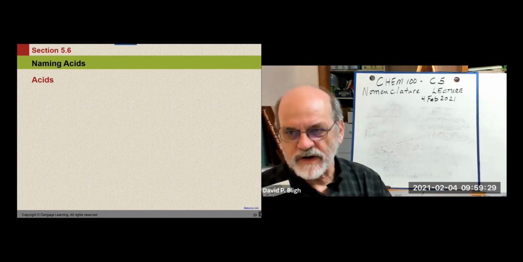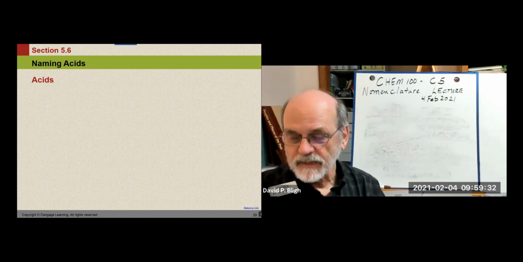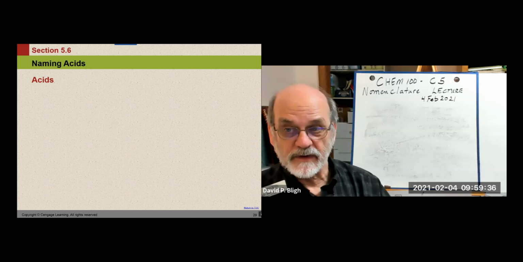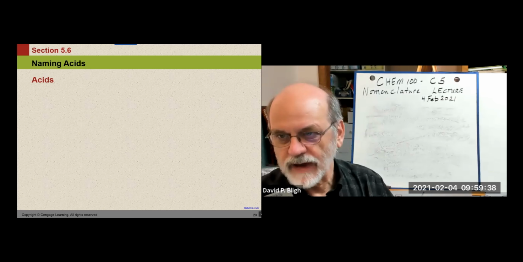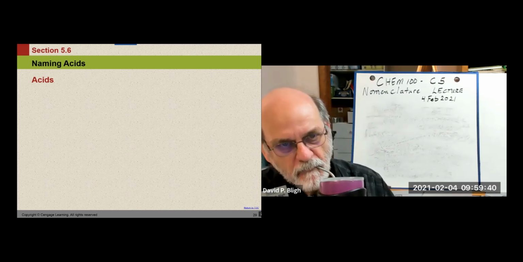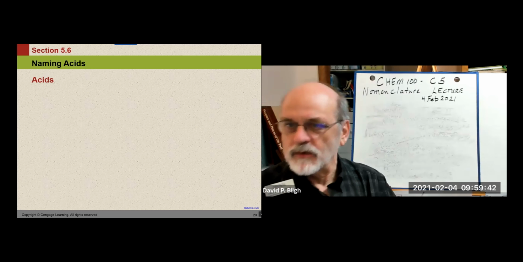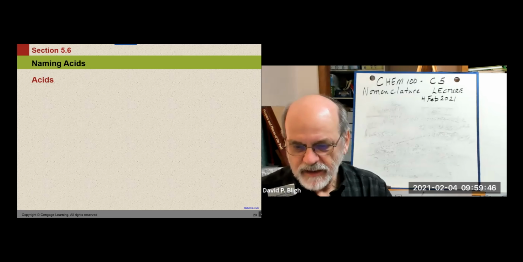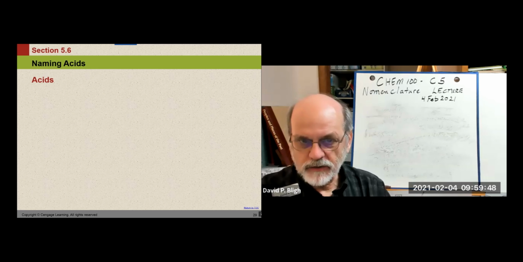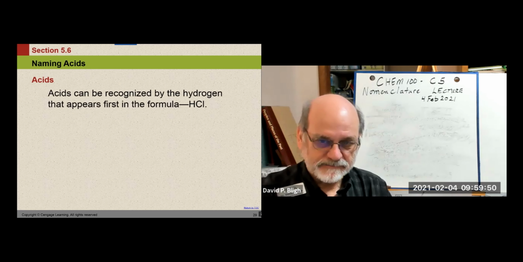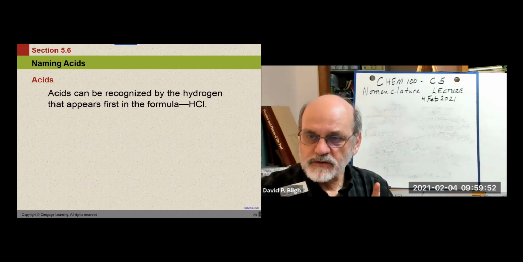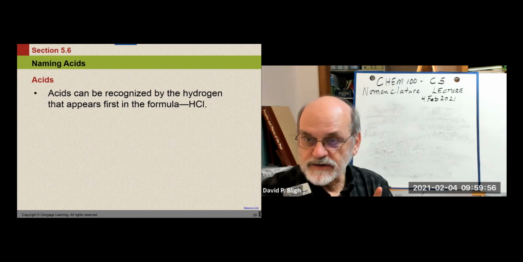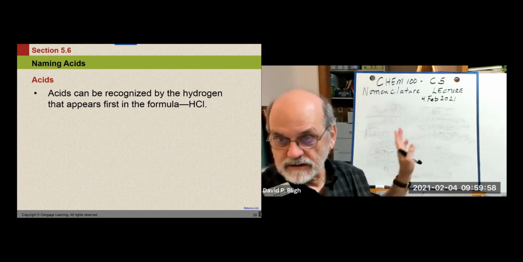I probably shouldn't have erased that, but now we're going to talk about acids. Acid naming convention is sort of grandfathered in from the Middle Ages, from alchemy. And we just tried to standardize the naming convention. So, here are the rules. Acids are recognized by a hydrogen as the first element in the compound.